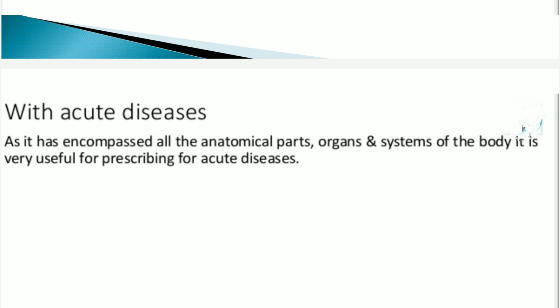Then in acute diseases, as all parts and rubrics related to that part were given in the repertory, it is very much useful to prescribe the medicine easily and quickly, especially in acute disease condition.